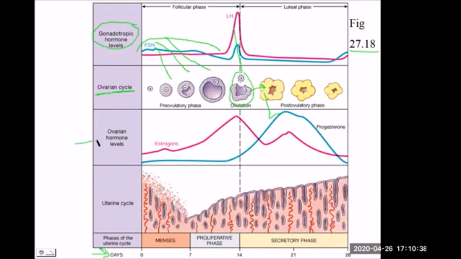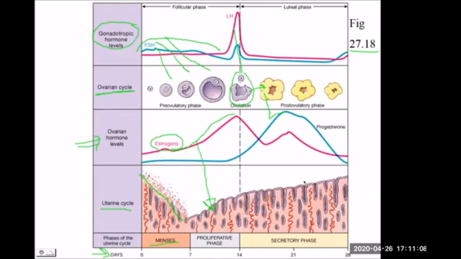Looking at hormones produced in the ovaries themselves, so we notice after menses, in the uterine cycle, after there's the breakdown of the endometrium for the most part, estrogens are produced, and that leads to the rising levels of estrogens, of course, but the result is the regrowth of the endometrium, so that proliferative phase, rebuilding the tissue.